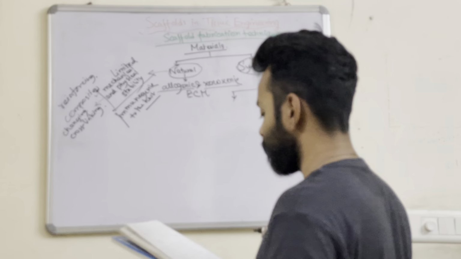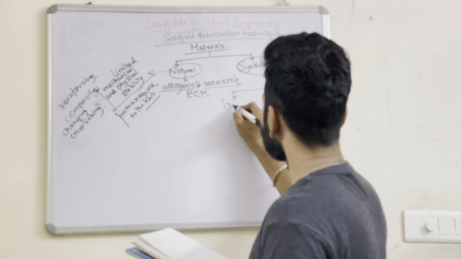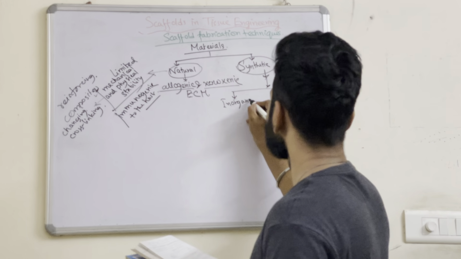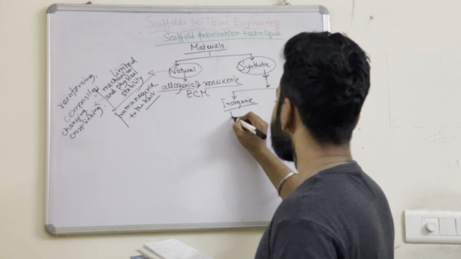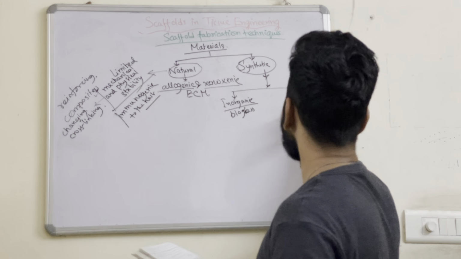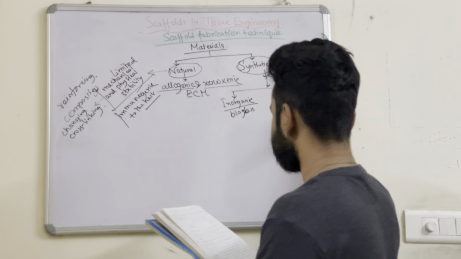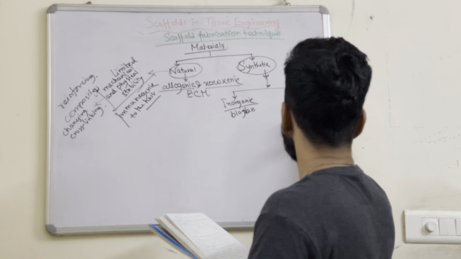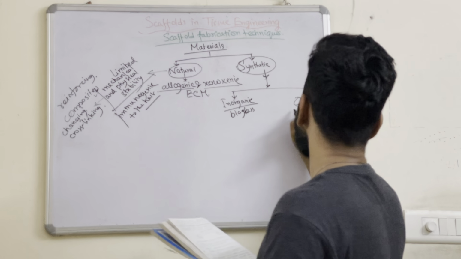The first one is inorganic, examples of which can include bioglass, and then the organic, which can include the different polymers.